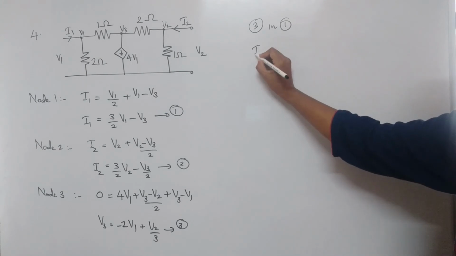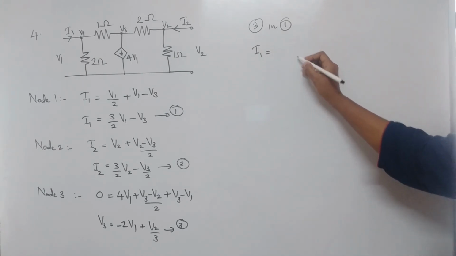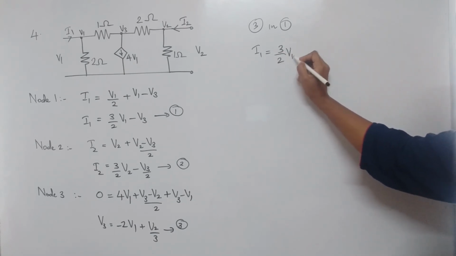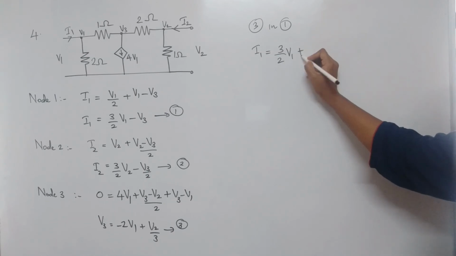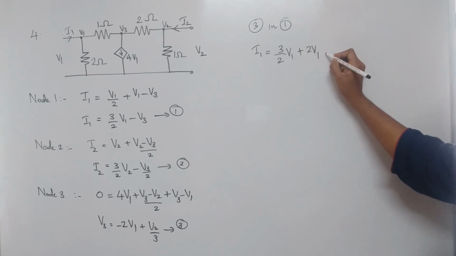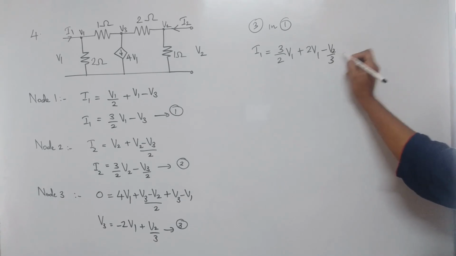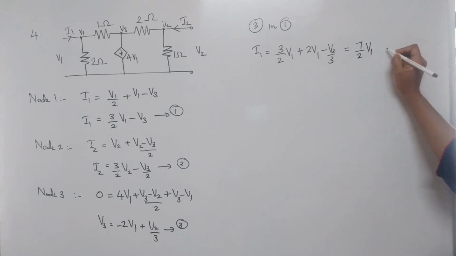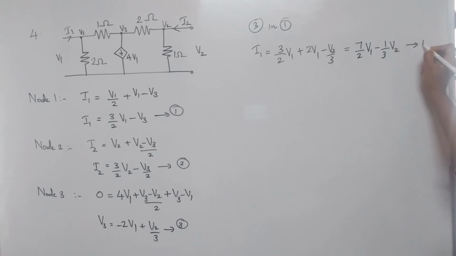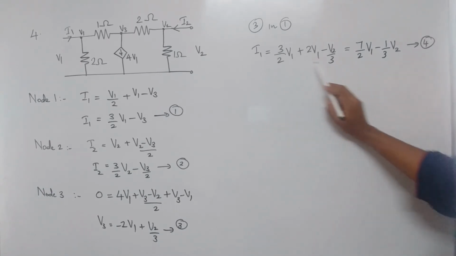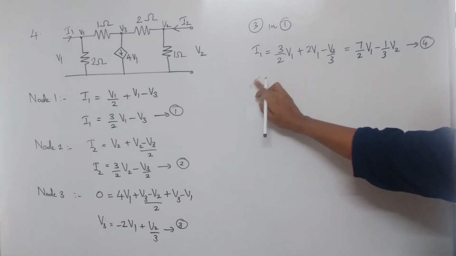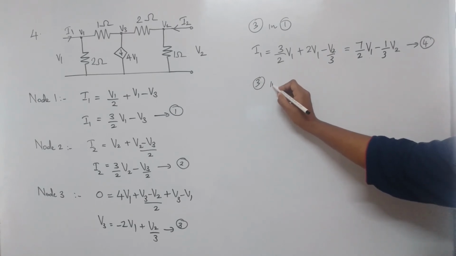We will get I1 is equal to 3 by 2 V1 plus 2 V1 minus V2 by 3, or we will get this as 7 by 2 V1 minus 1 by 3 V2. This is our standard equation. We got I1 in terms of V1 and V2. Similarly, we can substitute 3 in 2.